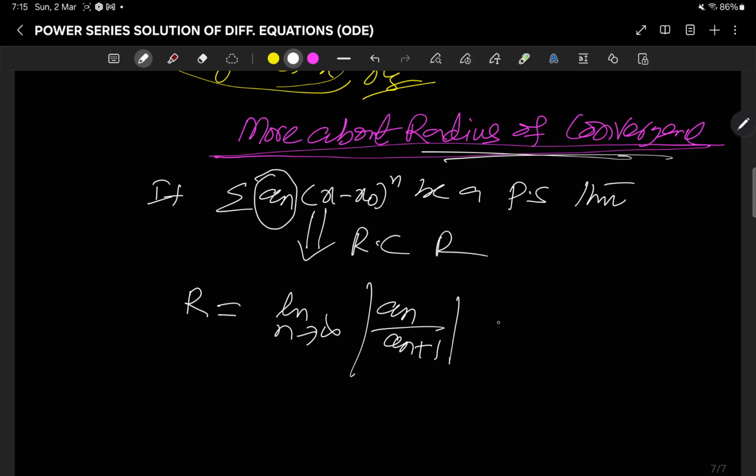Okay, and alternatively, in terms of the power, we can have r is equal to 1 over limit n tends to infinity nth root of mod an.